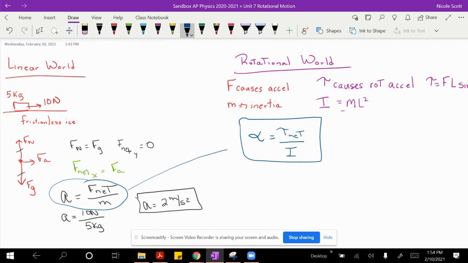For right now, what we need to know is, if I want to accelerate an object in the rotational world, I apply a torque to its mass. And so this is Newton's second law of rotation. Okay, there you have it, gang.